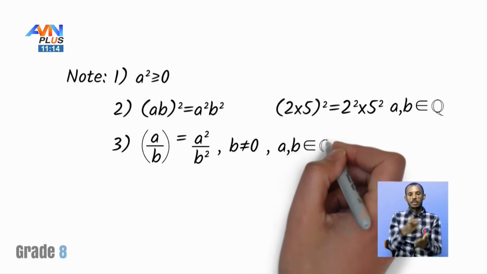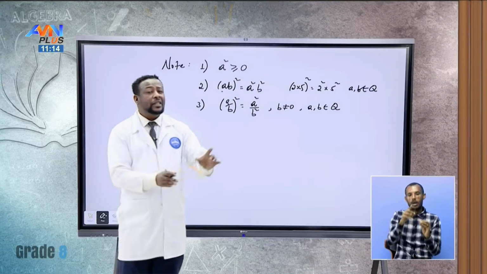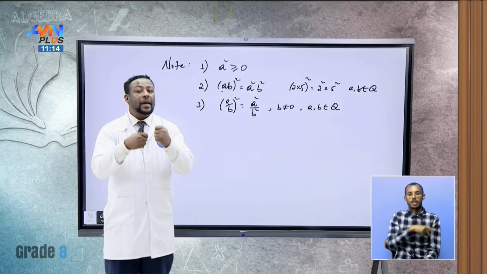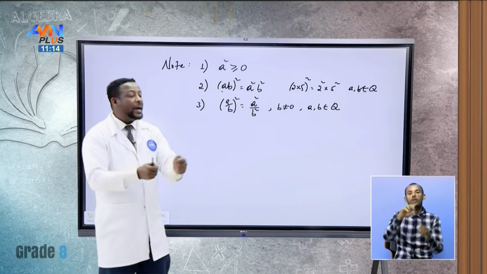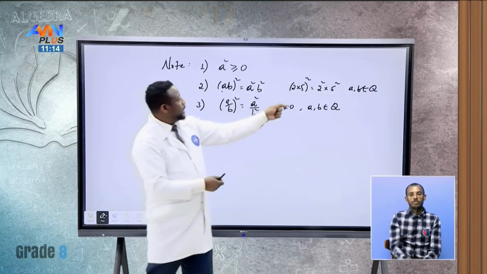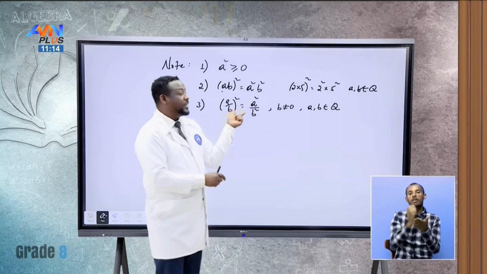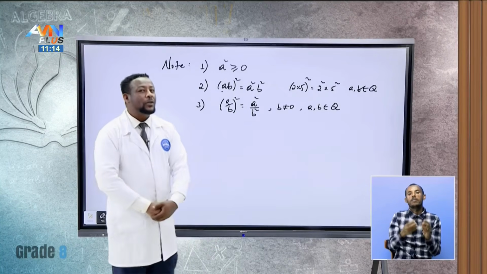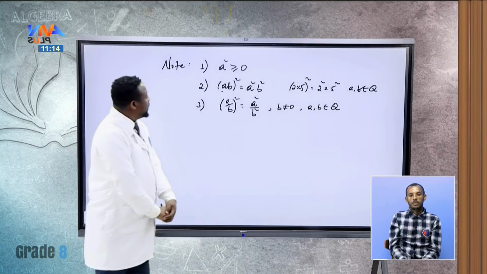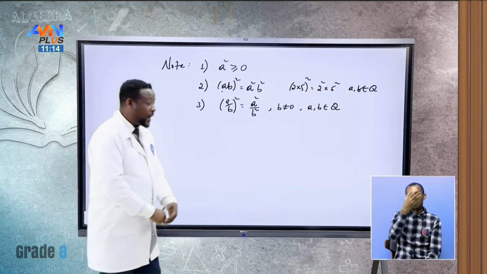This is also another property of rational numbers. You can verify this property by taking any two rational numbers where the denominator is non-zero. Like what we have seen here, take any numbers and verify this property. That is left for you to practice. So this is the third property of squares.